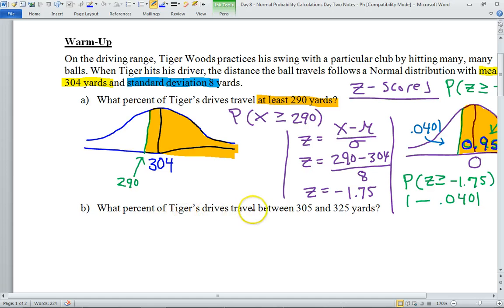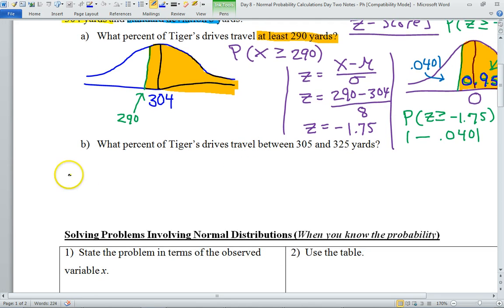What percent of Tiger's drives fall between 305 and 325? Well, let's make our graph for that. So, this is what we are dealing with. Here's a normal curve. Here's 304. Okay, 305.